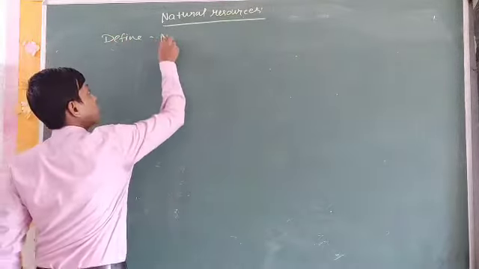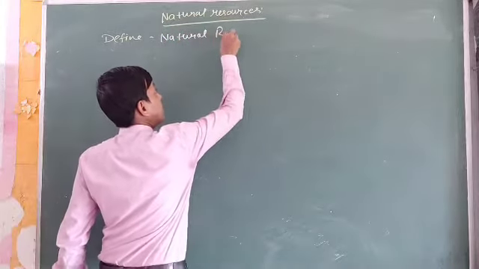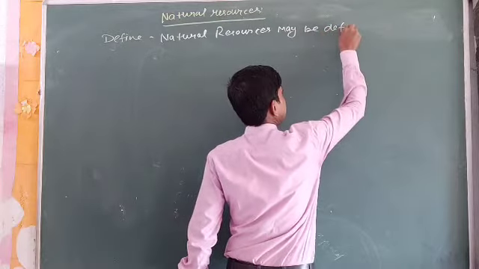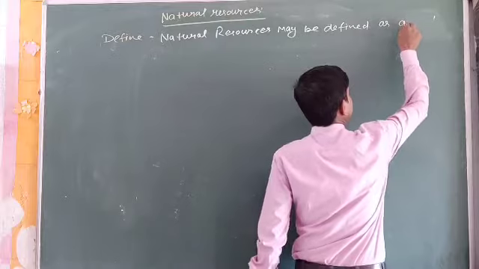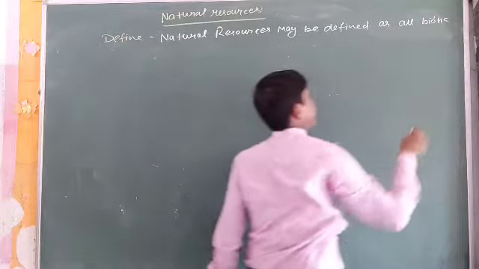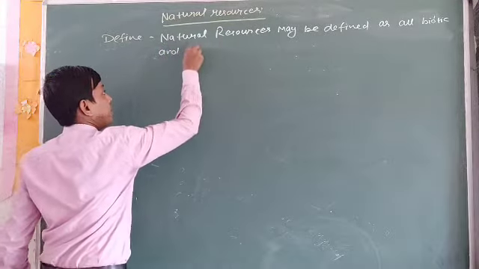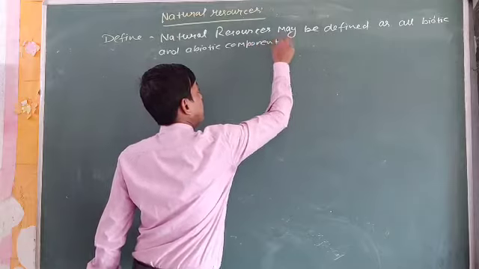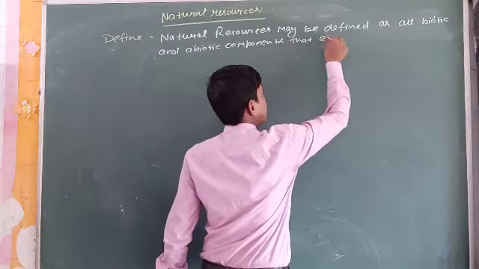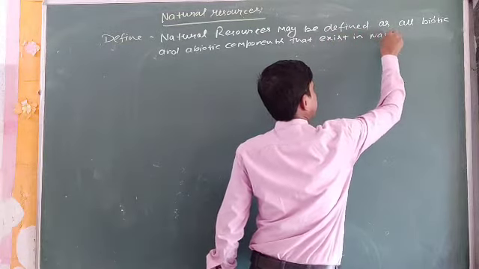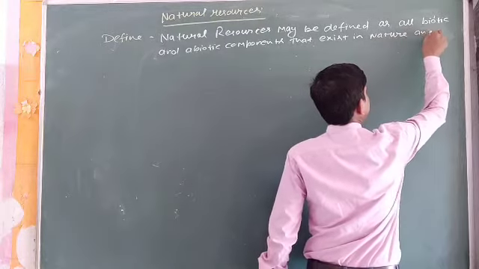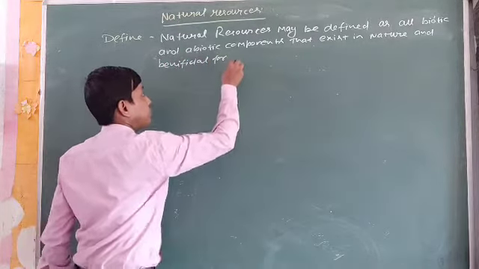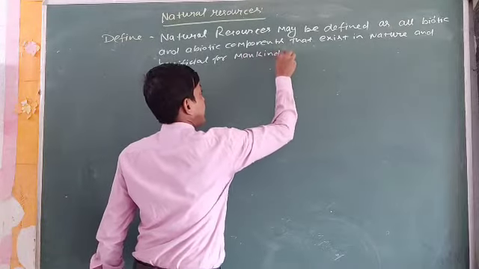Define natural resources. Natural resources may be defined as all biotic and abiotic components that exist in nature and are beneficial for mankind.